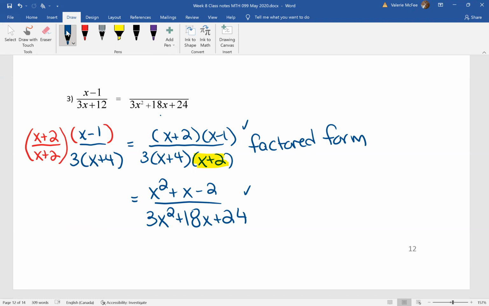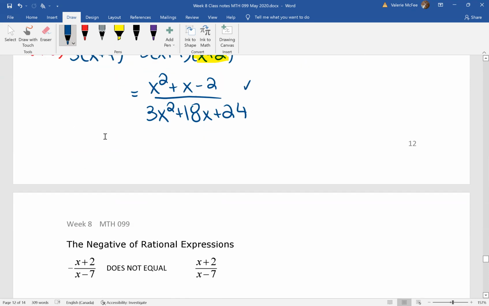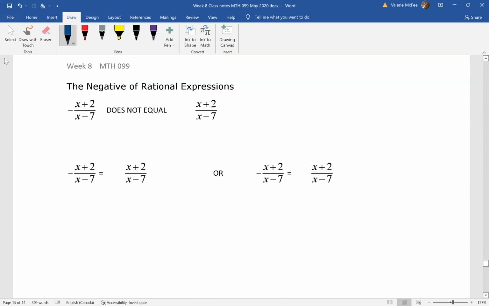Now, there is one other topic I wanted to talk about here: the negative of a rational expression. This one is super important, and I see people even in Math 103 and in calculus not understanding this. When there's a negative sign outside of a rational expression, it does not equal the negative of the numerator and the denominator.